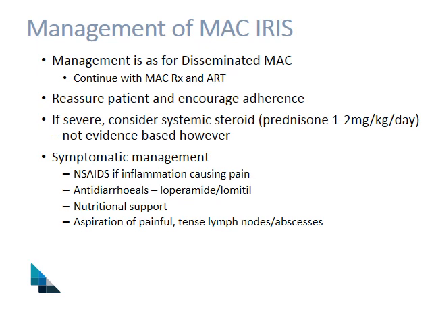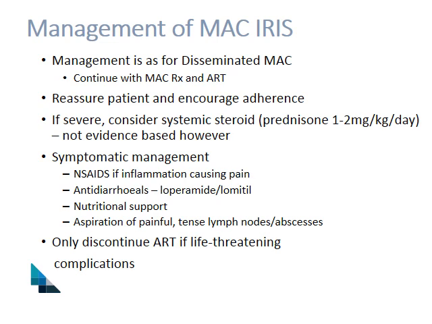Look after the diarrhea, use NSAIDs for pain, and keep your nutritional support on board. Both the HIV and the TB will be using a lot more energy resources, and we need to make sure we're keeping on top of it. If there are abscesses, aspirate and manage those. We generally don't discontinue ART in high-risk conditions because it's absolutely essential to manage the HIV, unless you feel that the IRIS is life-threatening.